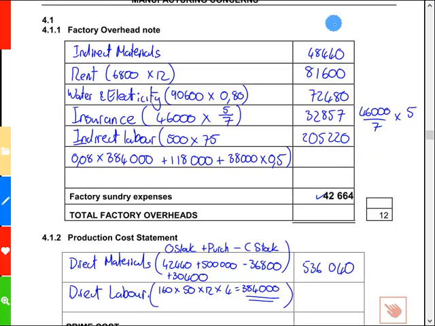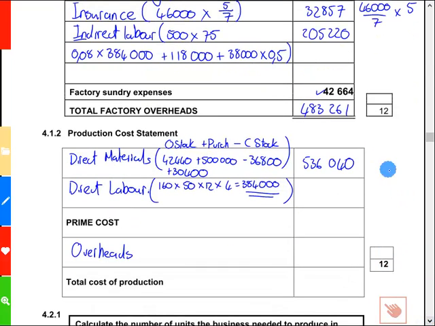Right, so then we total all of these amounts together and we get a final total of 483,261. Okay, what do we do with that figure? We're going to take it to our production cost statement. So you're going to fill in that same figure, even if you got it wrong. If you filled it in here, you're going to get your carry through marks there.